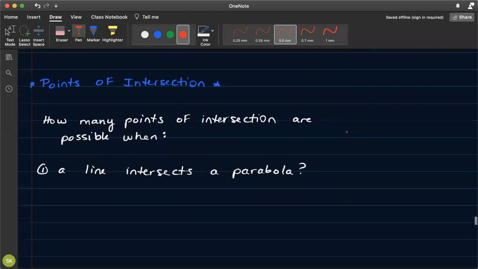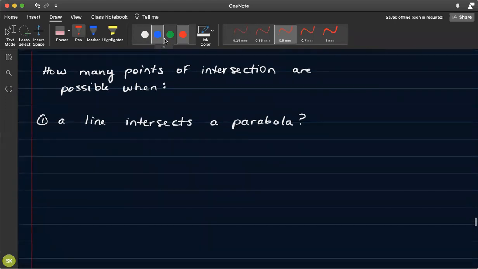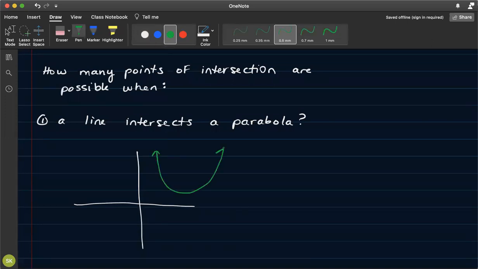Okay, let's move on. Let's talk about points of intersection. How many points of intersection are possible when a line intersects a parabola? So let's draw an XY plane. Let's say we have a parabola. You can put the parabola wherever you want. Let's say this is the lowest point on the parabola.